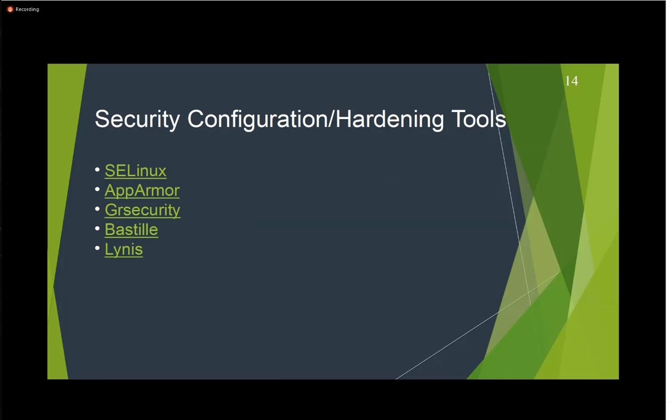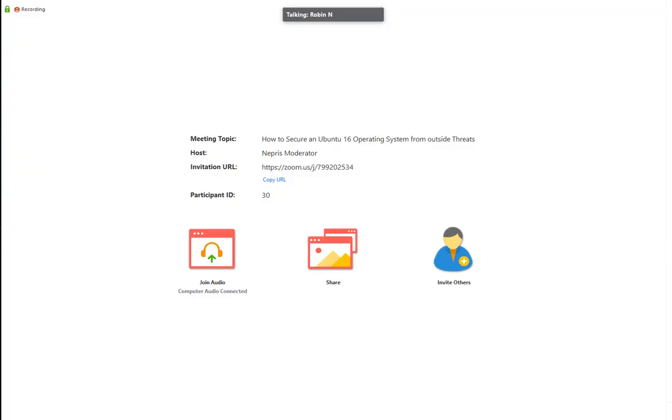So Bastille will actually run scripts to harden the system for you. There's also SE Linux and AppArmor, which all have to be added to the system. Bastille does not seem to be available for this version of Ubuntu, but we're going to walk through Lynis and how that works.